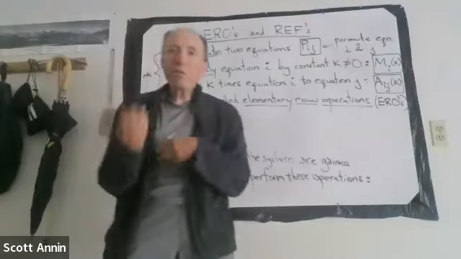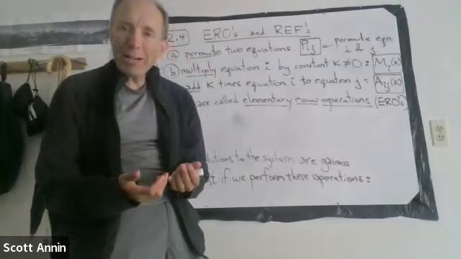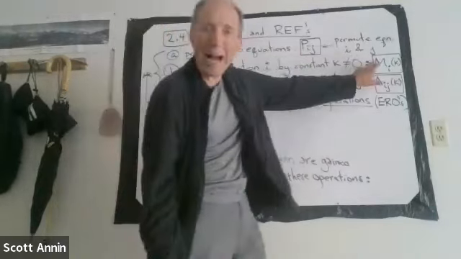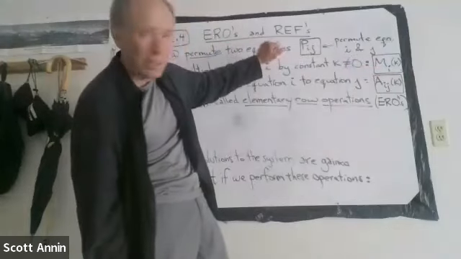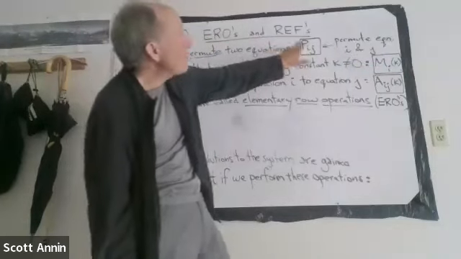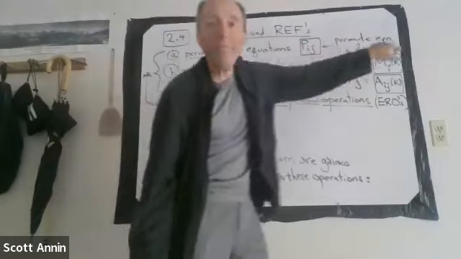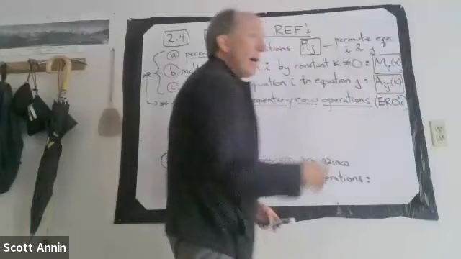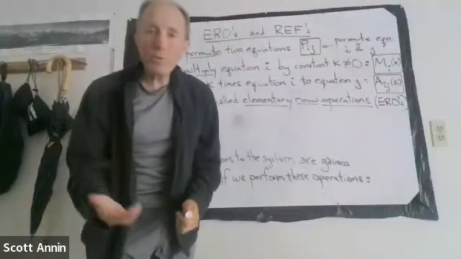When we're working through a series of elementary row operations, as we will soon be doing, it's going to be helpful to keep track, especially in the beginning, when we're first learning how to do these problems, keeping track of these different steps that we are taking. And so that's why these notations in the boxes are useful and important.